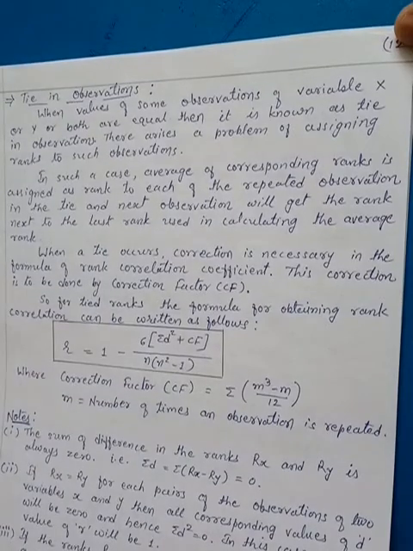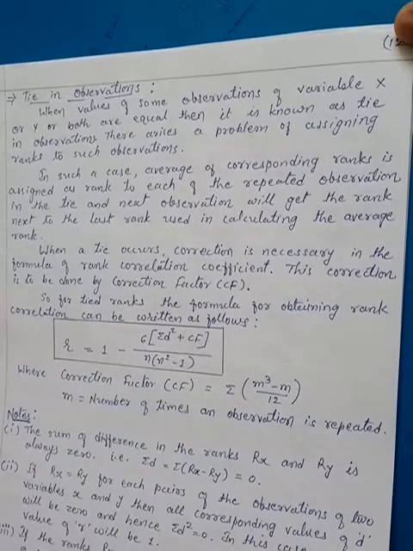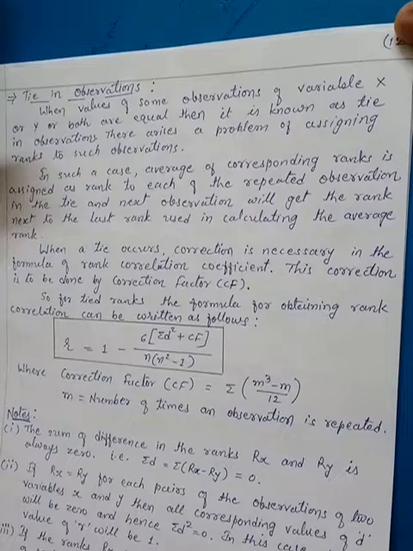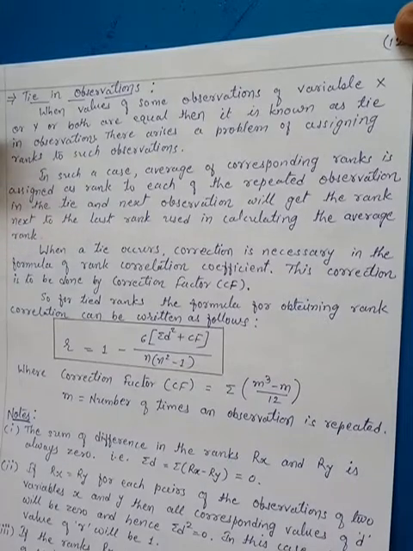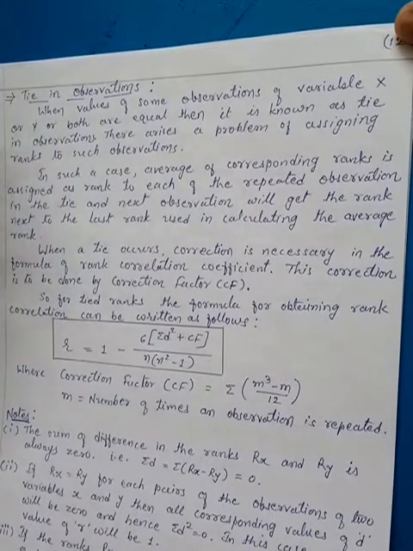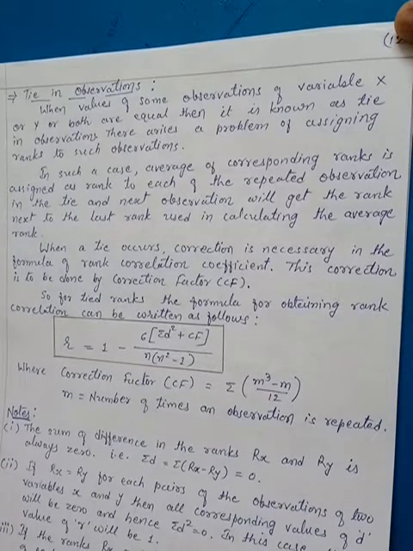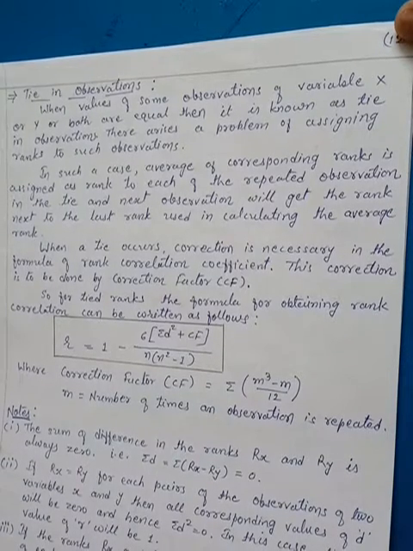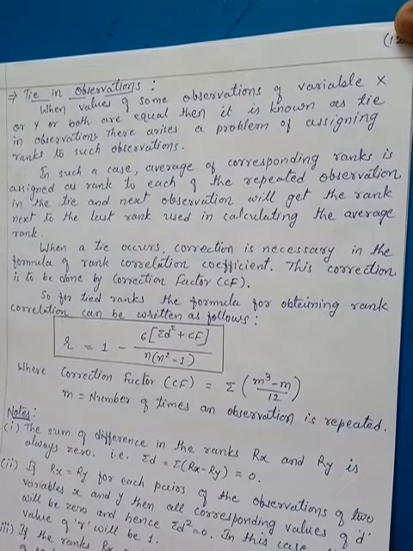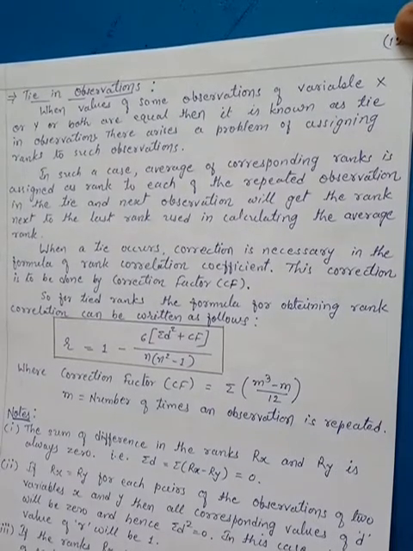After assigning the ranks to those similar values, the next rank will start with the value 5, because third and fourth ranks are already considered for assigning the rank to those 2 similar values, right? So this is how the rank can be assigned when there is a tie in observation.